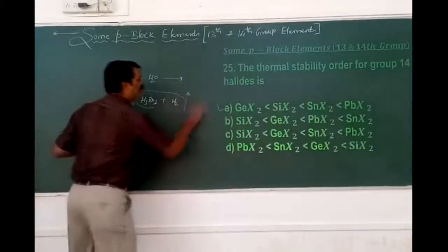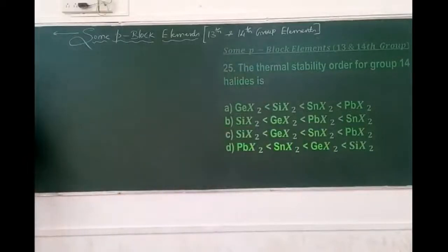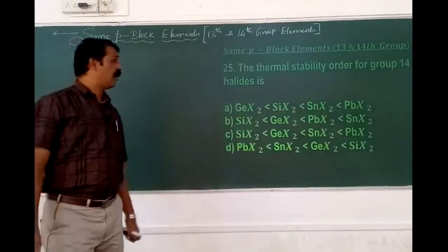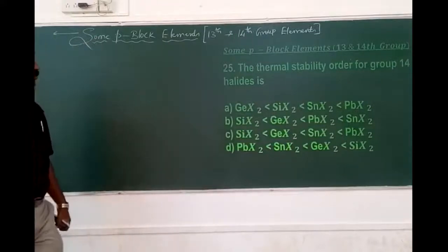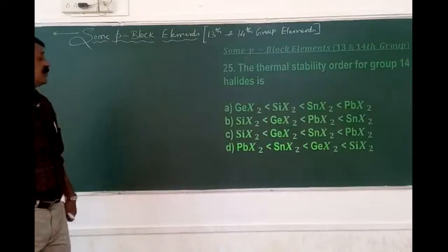Next, about the 25th. The thermal stability with respect to which one? The thermal stability order of the group 14 halides is. What is the stability with respect to this? I think in every case it is a +2 oxidation state.